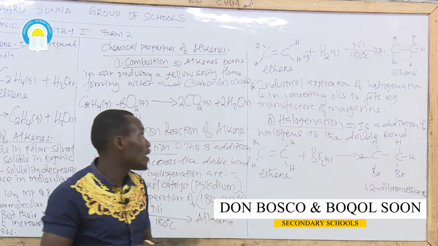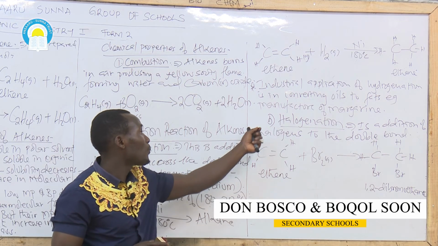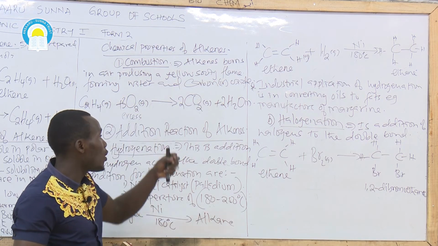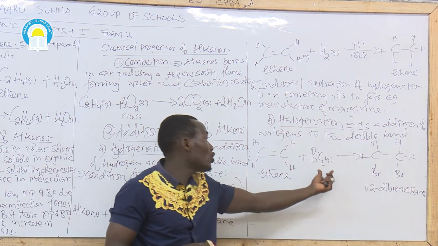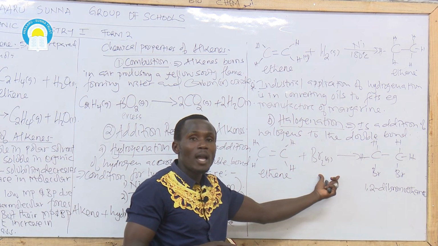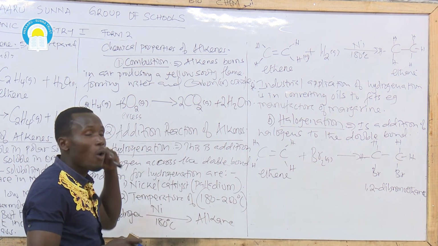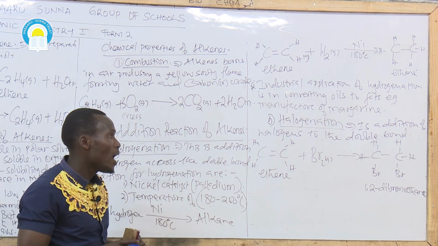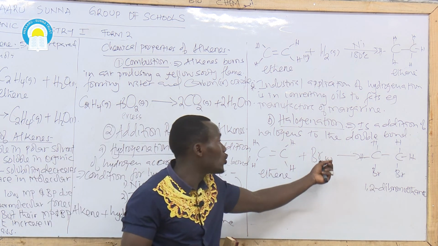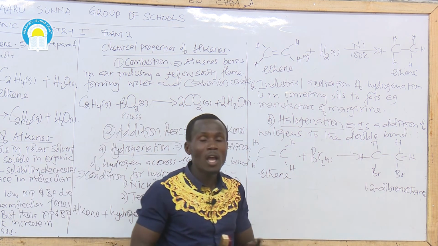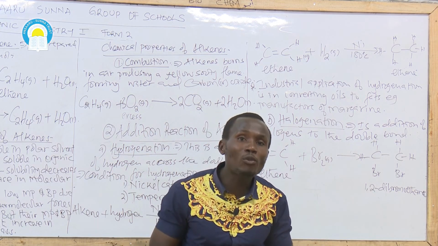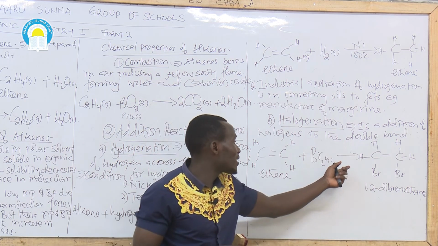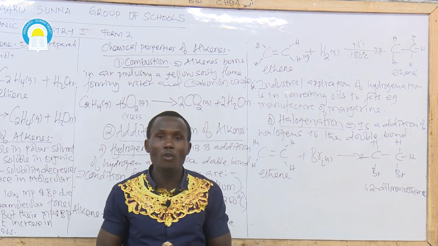The difference between the reaction of alkenes with halogens and alkanes with halogens is that this one does not require UV light, while alkanes needed UV light. In fact, if you introduce sunlight in this reaction, the reaction becomes faster than when you carry it out in the absence of UV light.